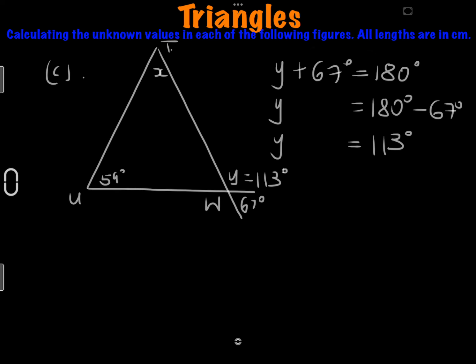Now we found Y, so we need to find X. I'm just going to use a different color. Since Y is equal to 113, what we can do is use our rule of triangles: the exterior angle is equal to the sum of the opposite interior angles.